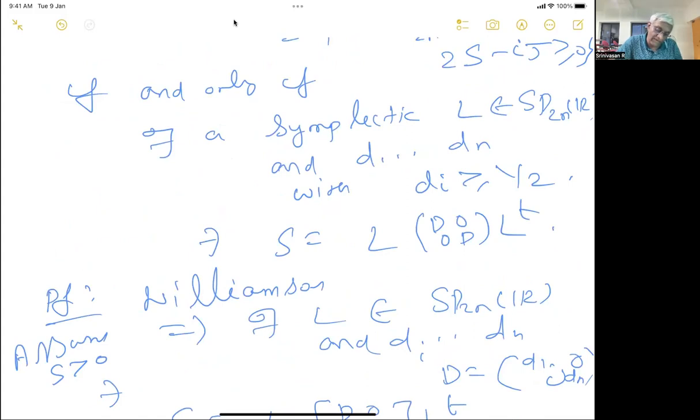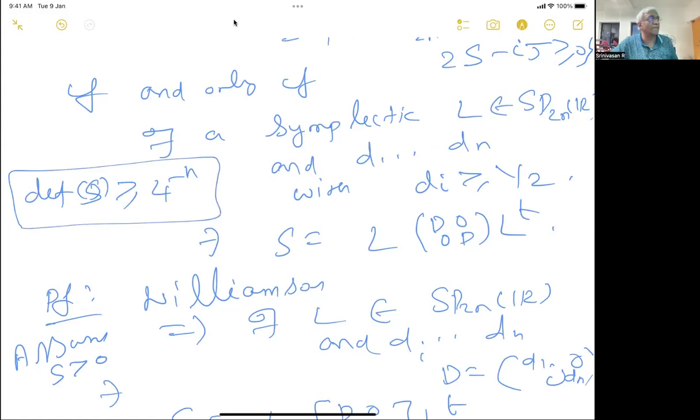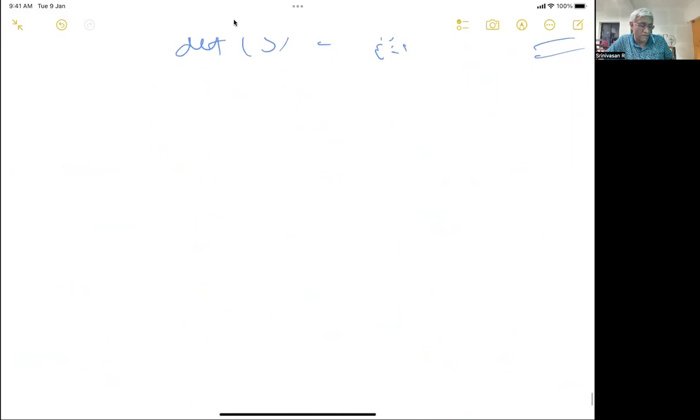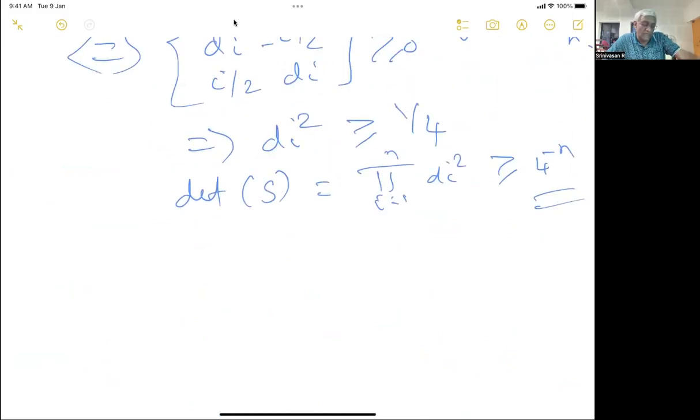I should have said that d_A is greater than 0, and we know that the determinant of S is greater than or equal to 4 power minus n. So we have proved this.